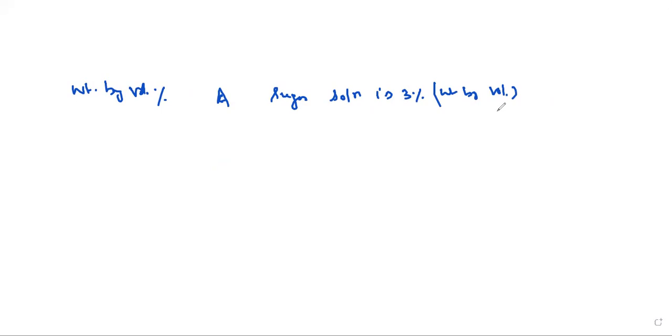Yes, ma'am. 3 grams of sugar is present in 100 ml of solution. So solve this question.